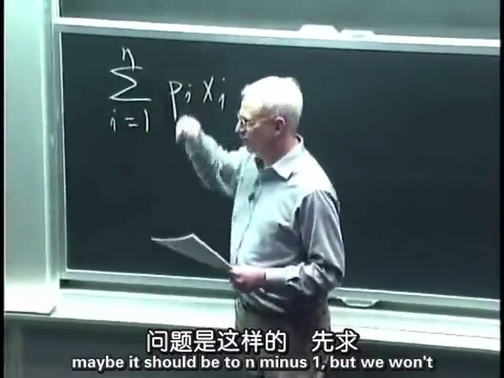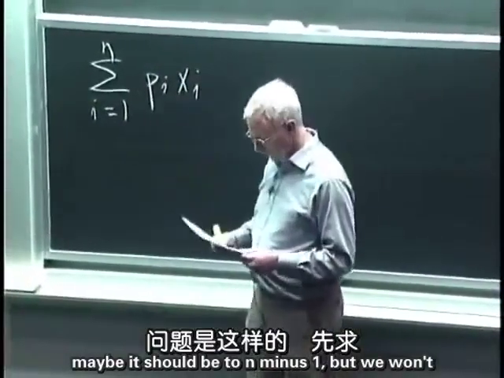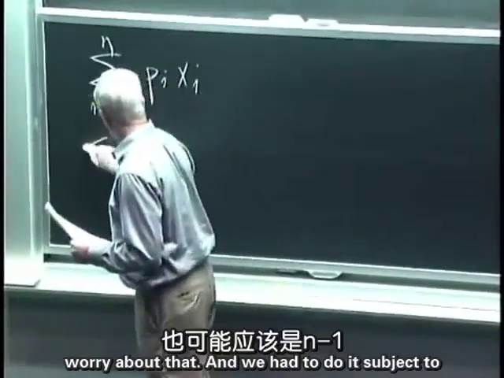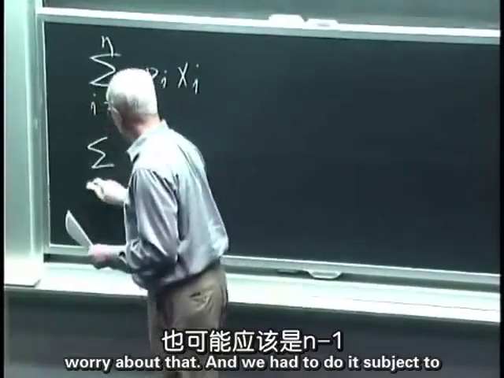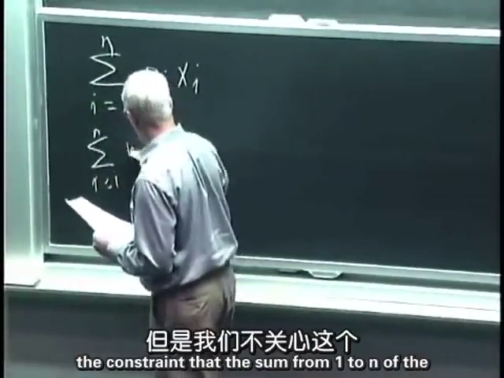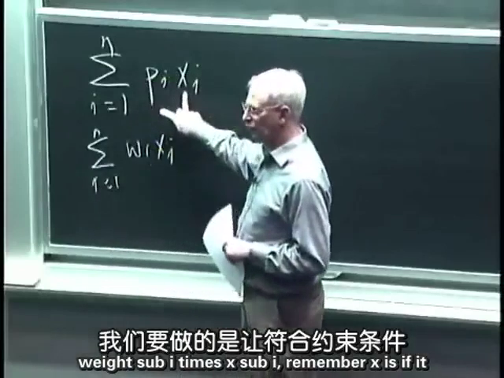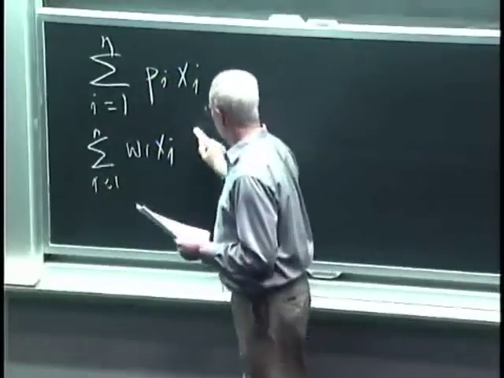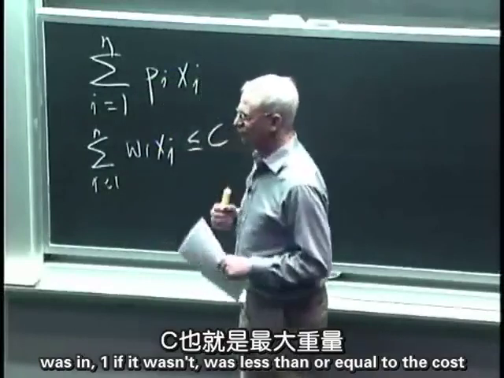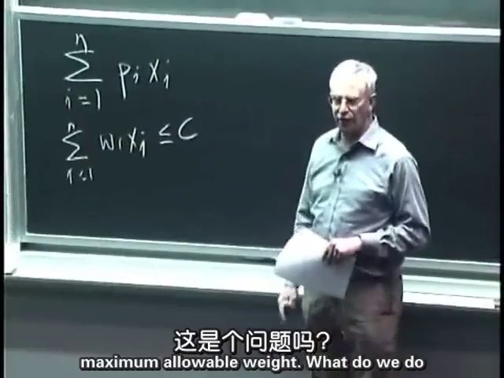Maybe it should be 0 to n minus 1, but we won't worry about that. And we had to do it subject to the constraint that the sum from 1 to n of the weight sub i times x sub i, remember x is 0 if it was in, 1 if it wasn't, was less than or equal to the cost, I wrote it this time, which was the maximum allowable weight.